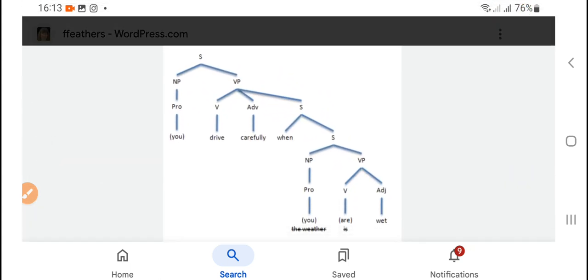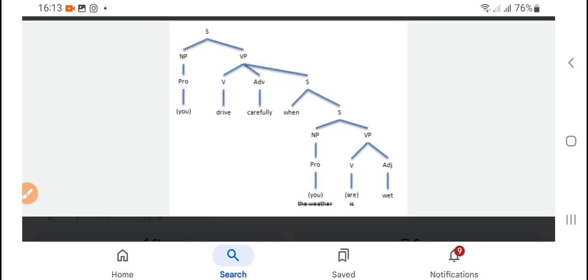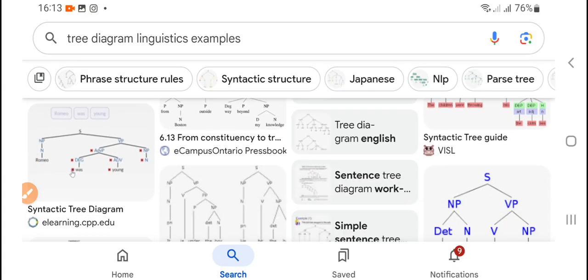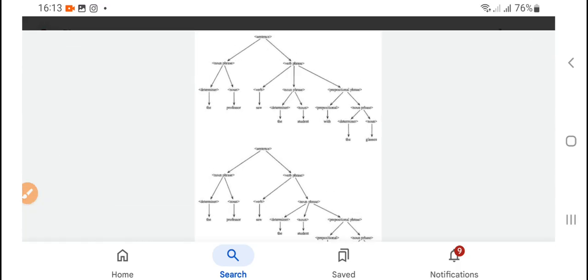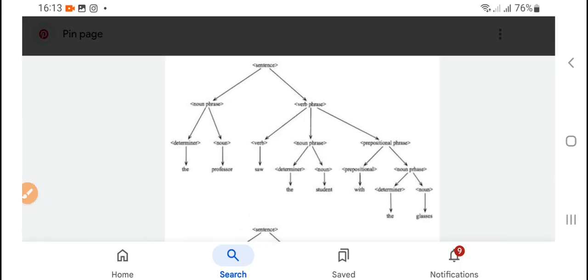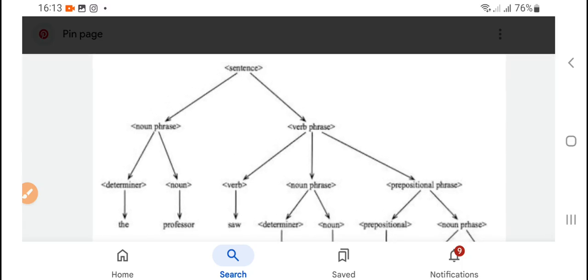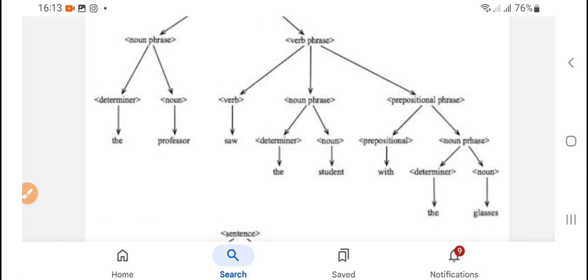So that's: you drive carefully when you are wet, already discussed, right? Now next sentence is here: the professor, okay, then saw the student, right, with the glasses.